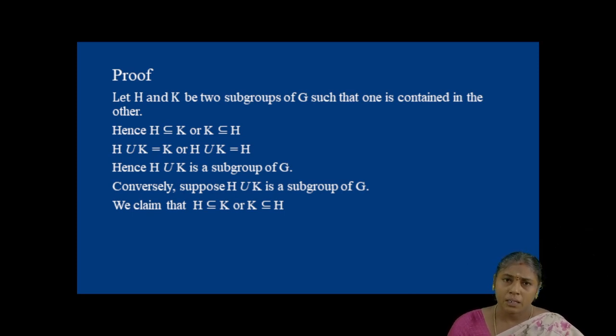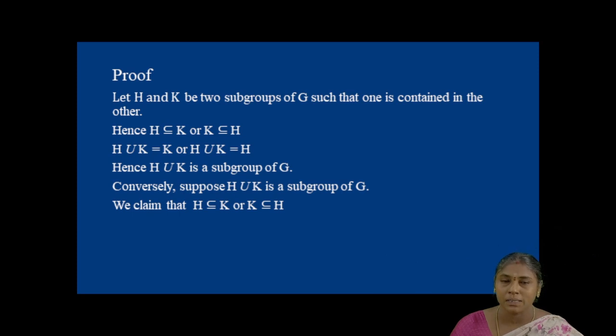So if H is contained in K, then H union K will be equal to K only. Similarly, if K is a subset of H, K is the subset and H is the superset, so when you take the union of K and H, you will get only H. So either H union K will be equal to H or H union K will be equal to K.